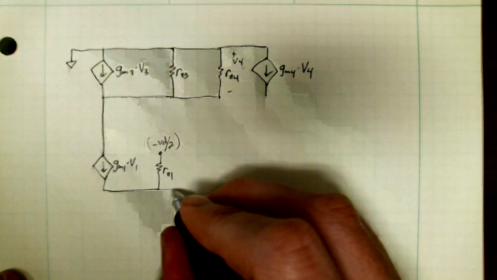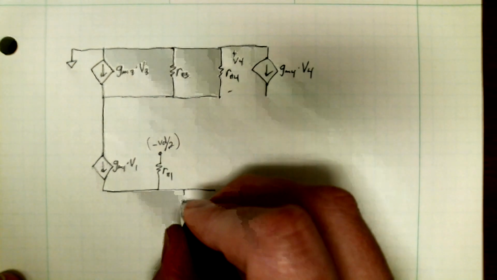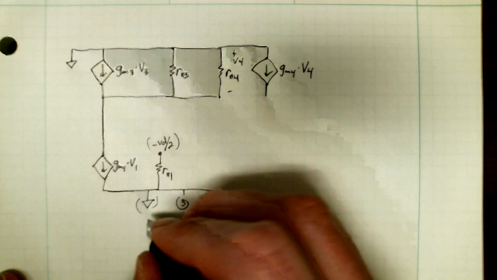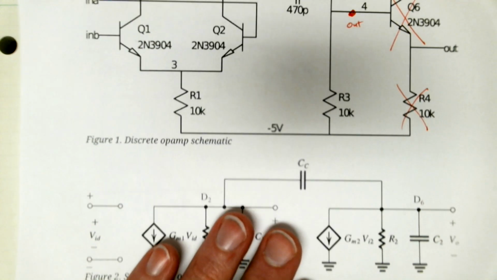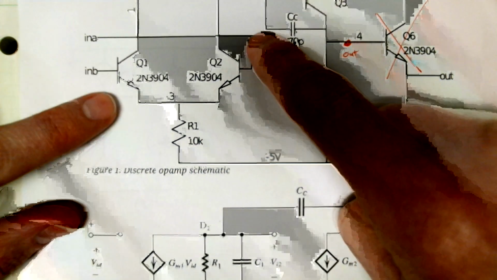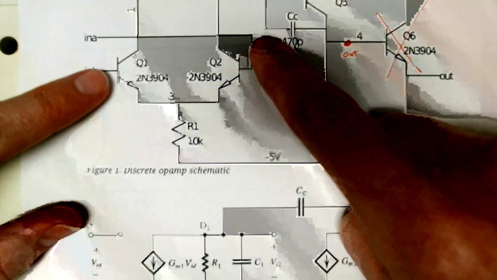That node, the emitters, remember that's node 3, and we're going to call that virtual ground. Input and output are going up and down. They're differential, equal and opposite.